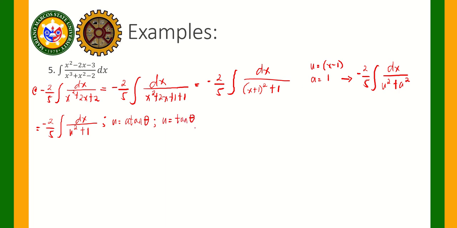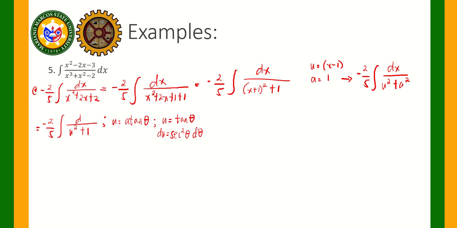Now let's solve for du. What is the derivative of tangent theta? That is equal to secant squared theta d theta.